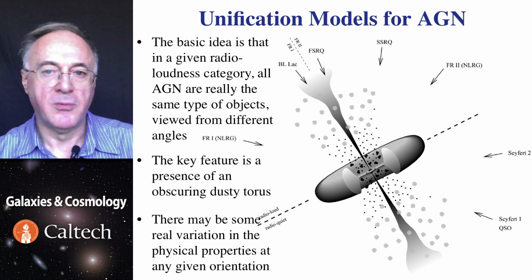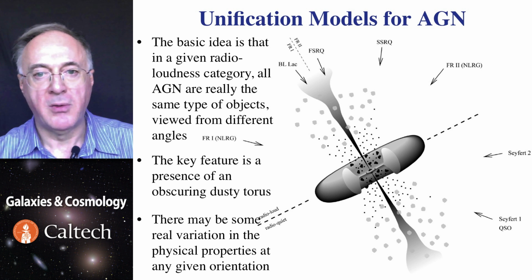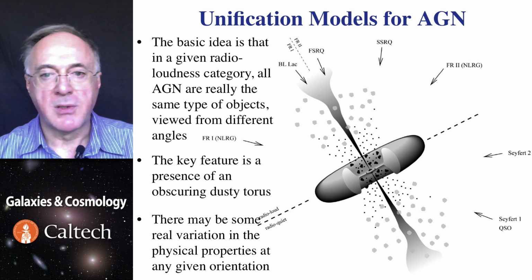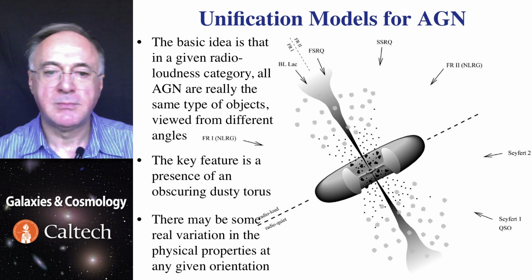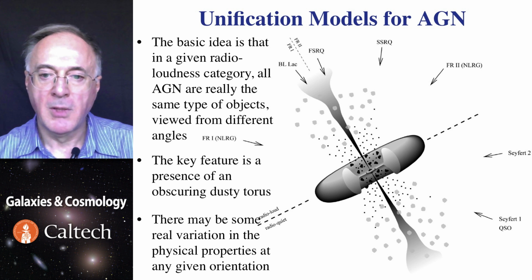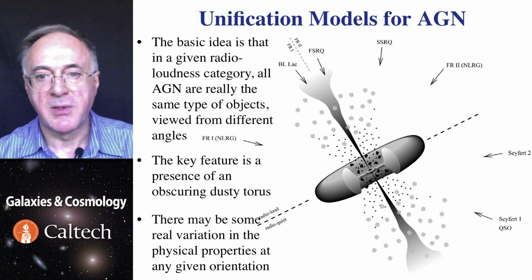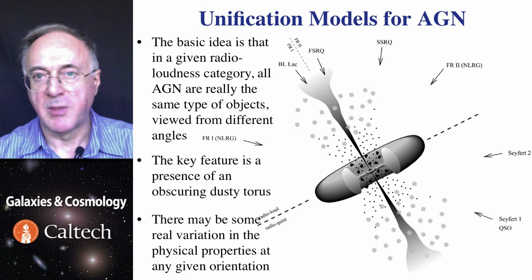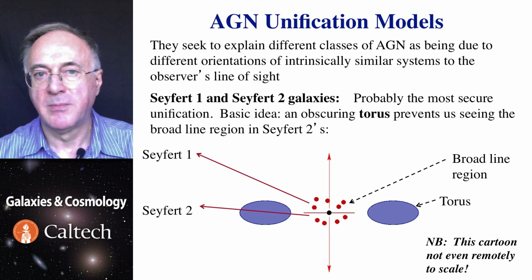If you look more from the torus side, you'll see the Seyfert 2s, or narrow emission line objects, or narrow emission line radio galaxies. So at some level, this is almost certainly correct in a broad brush sense. There could be, however, some genuine differences even at any given orientation, and that's the subject of some research today, but the big picture seems to be pretty much in place.